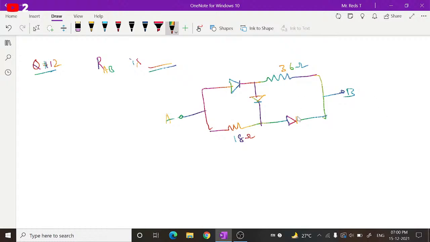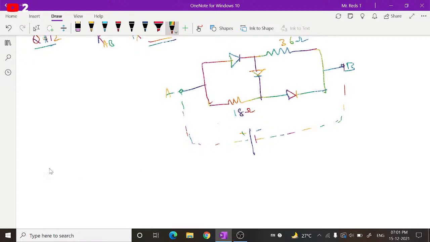What you have to understand here is, imagine you connect this to a battery so that A is at higher potential and B is at lower potential.